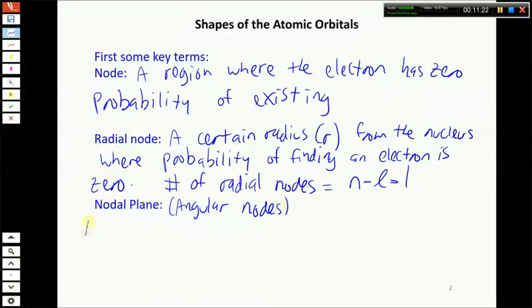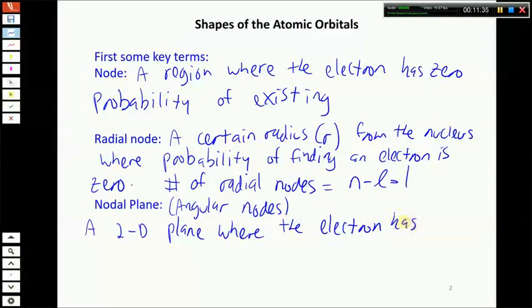And this is basically, as the name implies, a two-dimensional plane where the electron has no probability of existing. So again, any node tells you that the probability of being there is 0. And in this case, instead of being some distance from the nucleus, it's going to be a plane or a surface where the electron cannot be for that particular wave function.